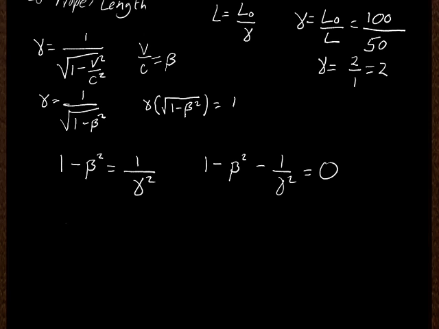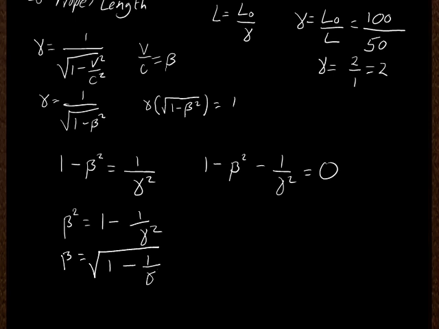So beta squared is going to equal 1 minus 1 over gamma squared. Let's get rid of that square root. So beta equals the square root of 1 minus 1 over gamma squared.